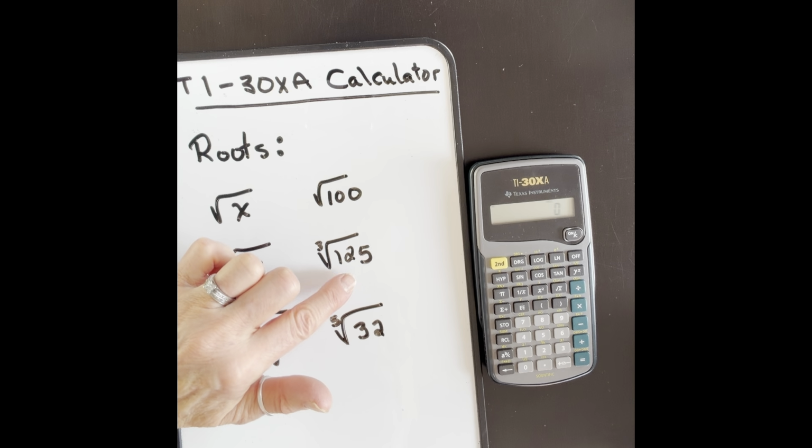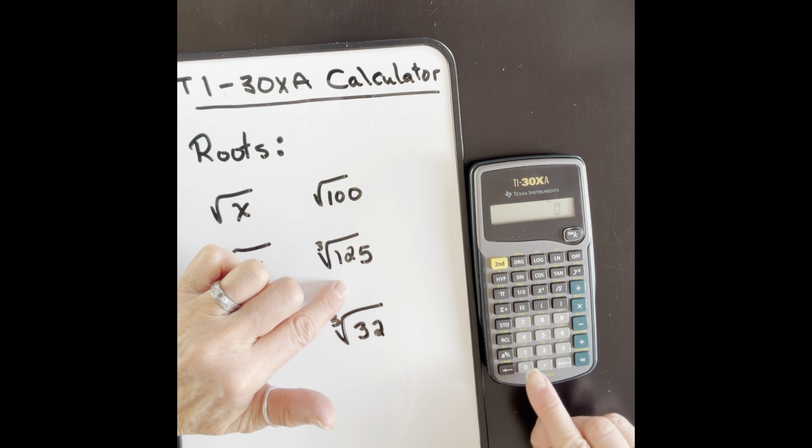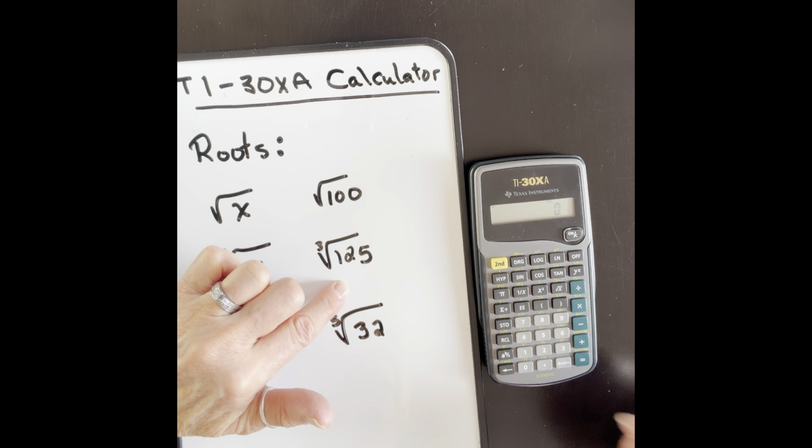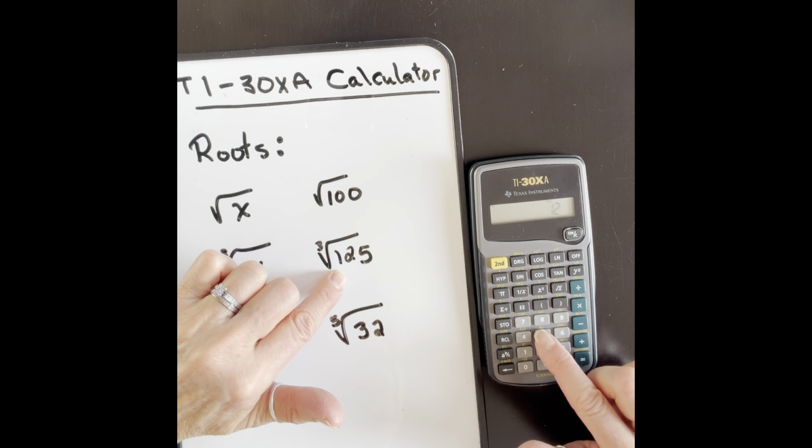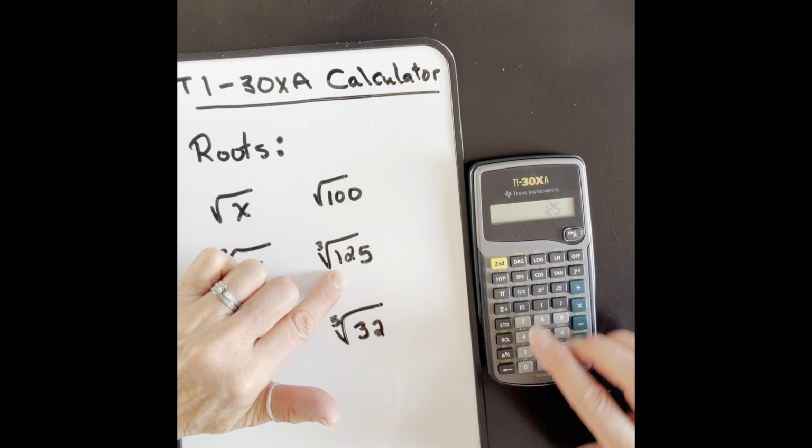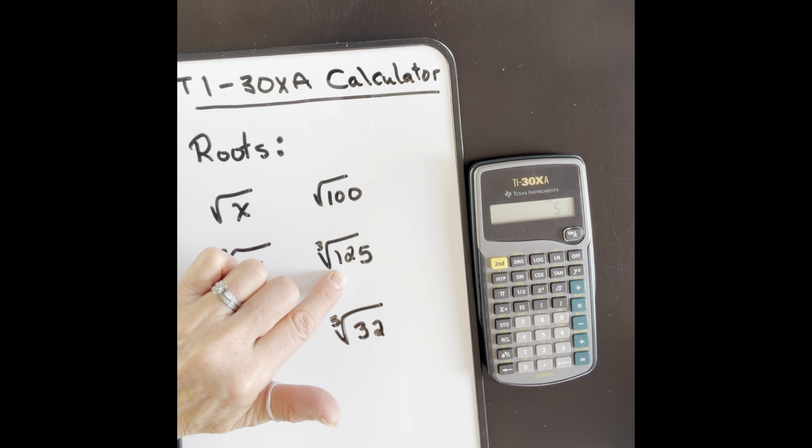Then let's do cubed root of 125. The cubed root function is above the 0, so it's the second function of that key. Let's enter 125 and then go second function 0. That gives us the cubed root of 125, which is 5.